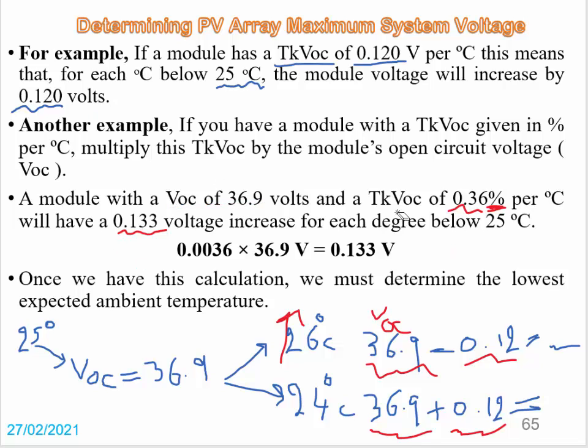Because the TKV open circuit is in percentage, we multiply this value by V open circuit at 25 Celsius. So 0.36% equals 0.0036, multiplied by 36.9 volts, and the result is about 0.133 volts.